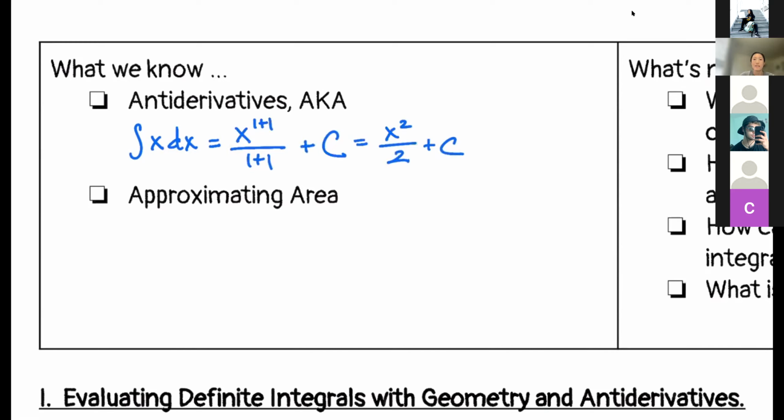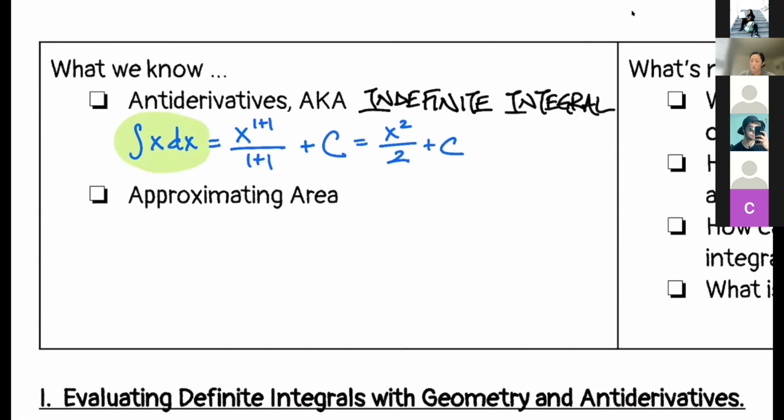And so that is one of the rules that we learned about taking antiderivatives. But another word for antiderivatives, so when we see something that looks like this, we sometimes call it the indefinite integral.